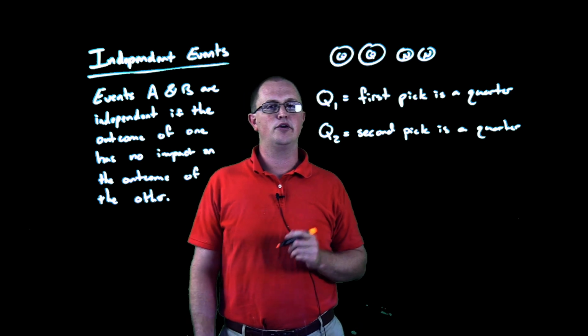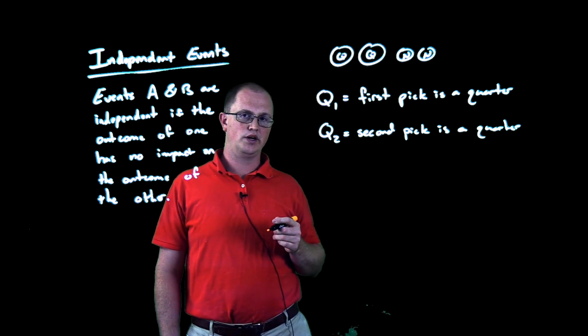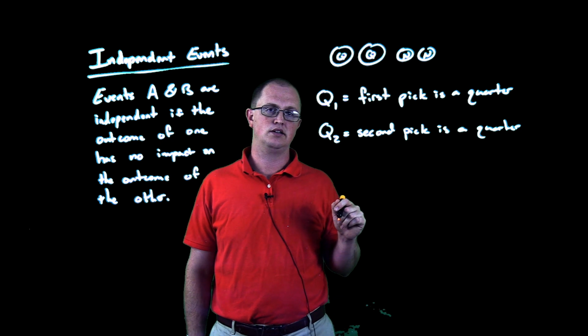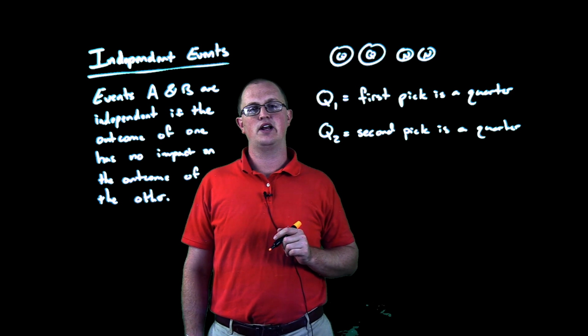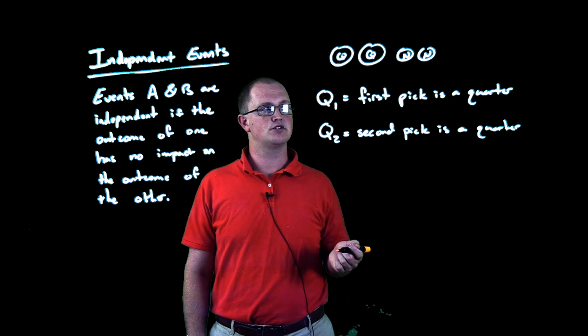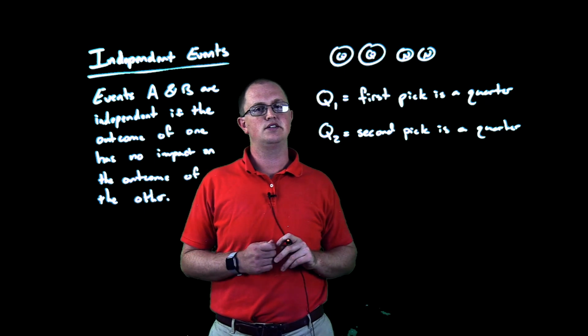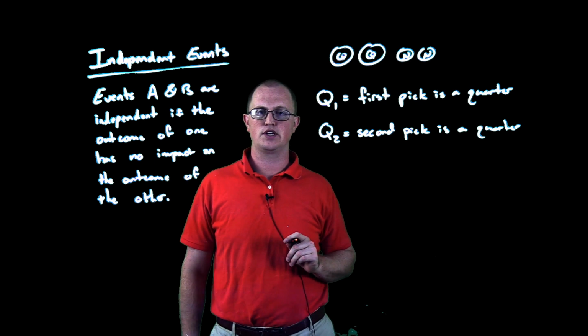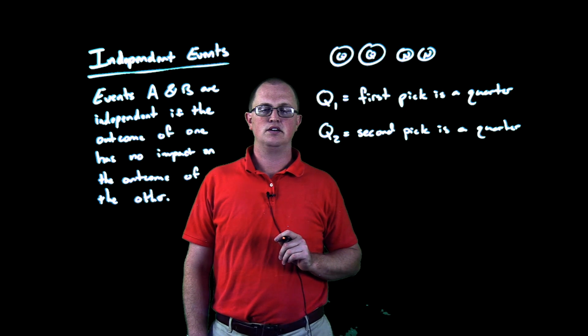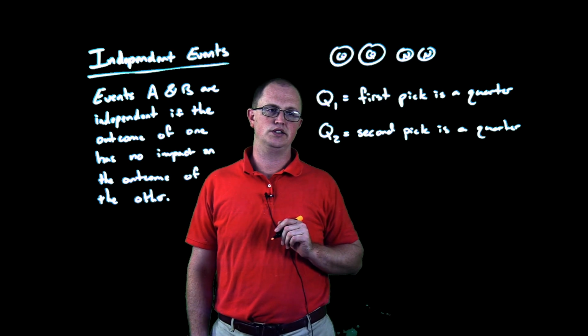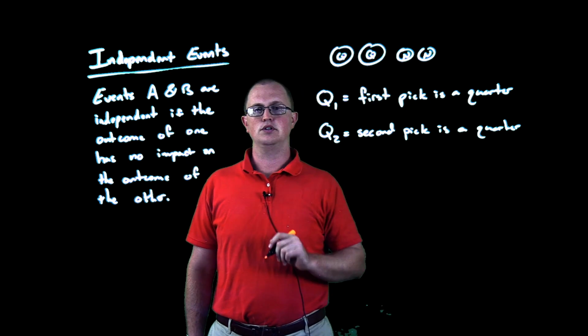But instead of her reaching into her pocket and picking a coin, looking at it and putting it back, let's say that she picks her first coin, looks at it, and doesn't replace it before she draws her second coin. Let's look at what happens to the probability of Q2.